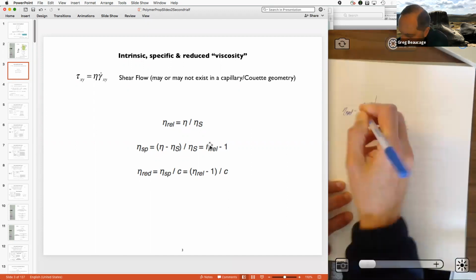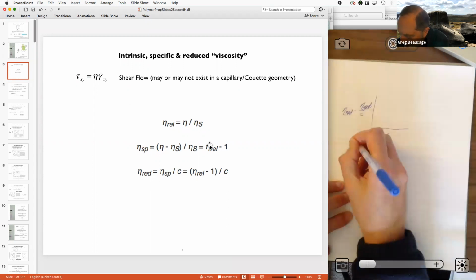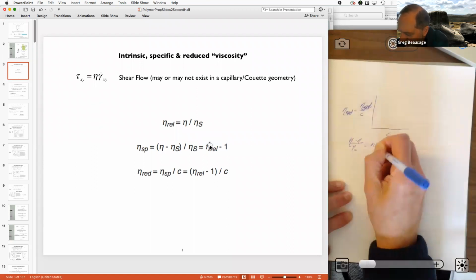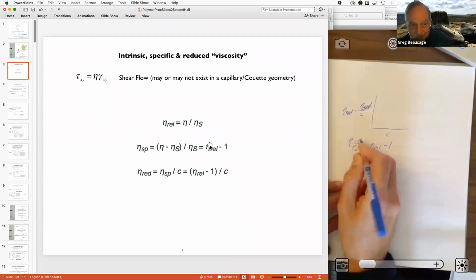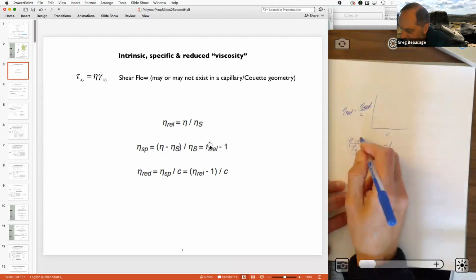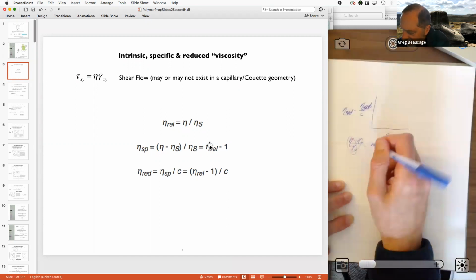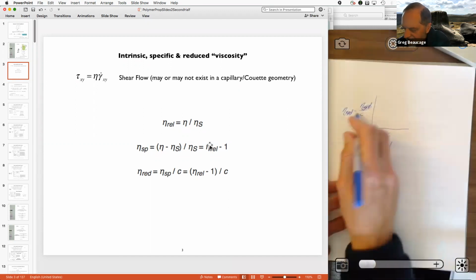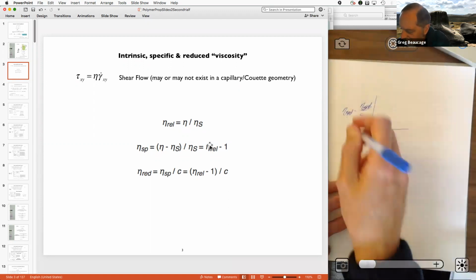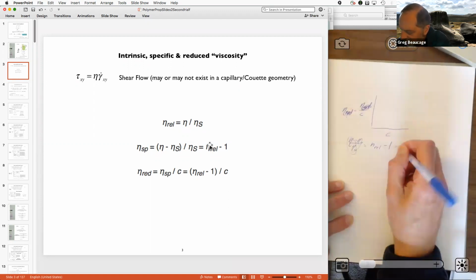So specific is viscosity minus solvent over solvent, the same thing as the relative viscosity minus 1, because this is the relative viscosity and this would be 1. Right. And if you divide that by C, then you get the reduced viscosity. Right, so this equals the specific viscosity.